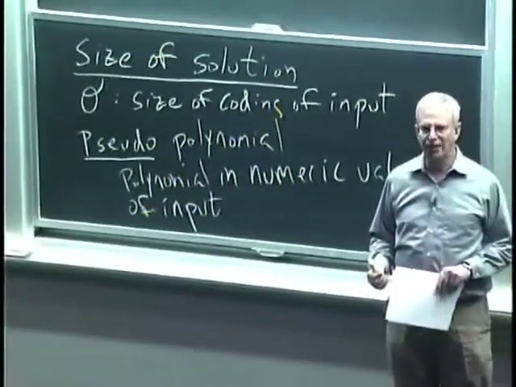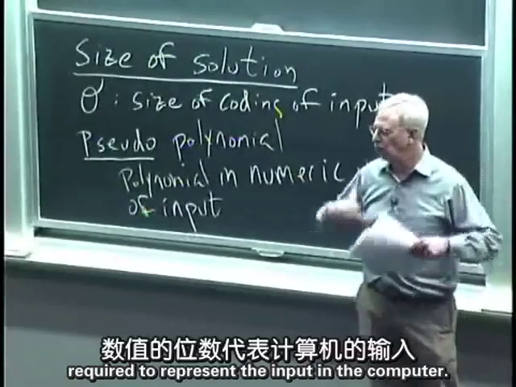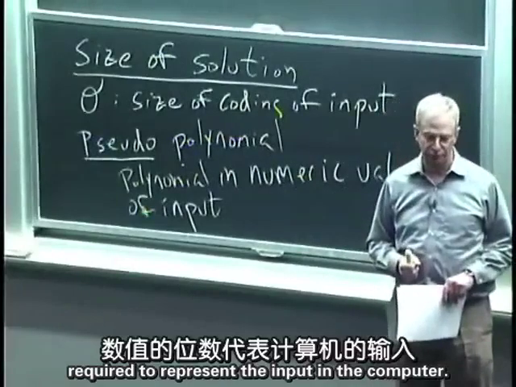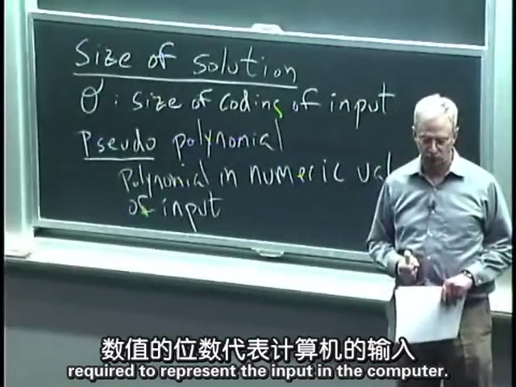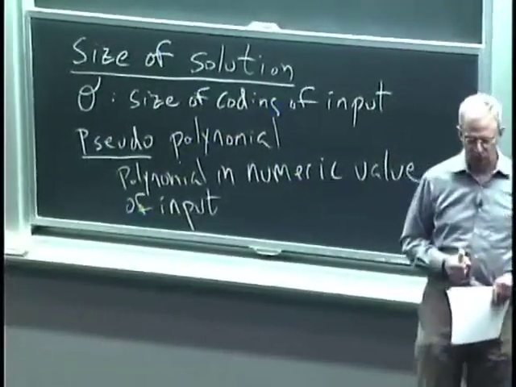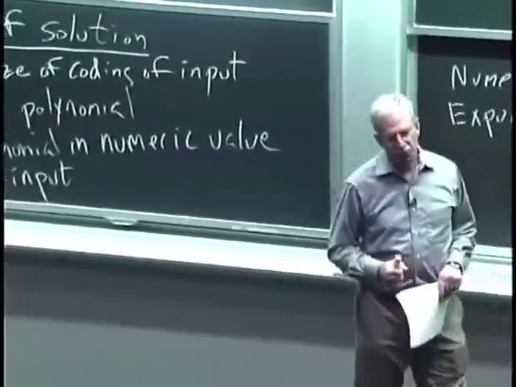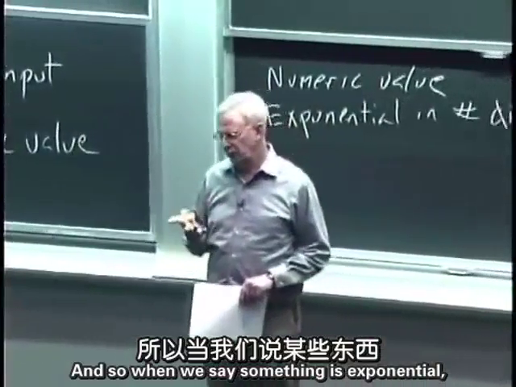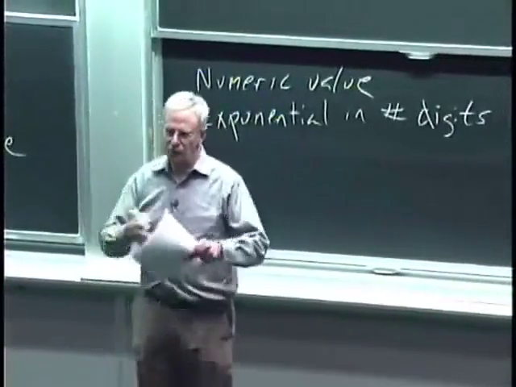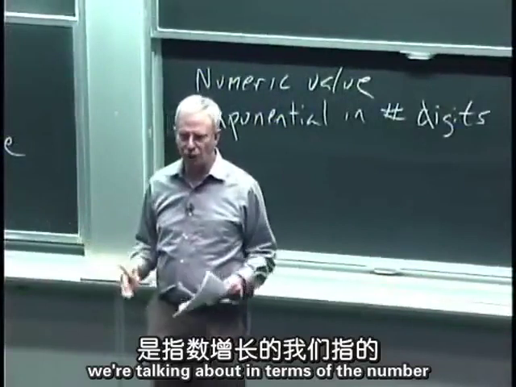The number of bits required to represent the input in the computer. And when we say something is exponential, we're talking about in terms of the number of bits required to represent it.